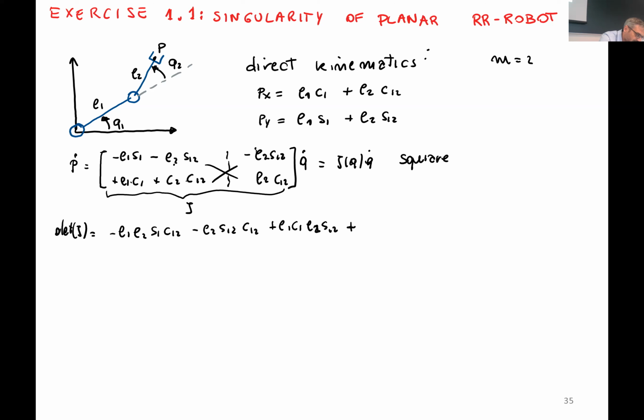Now we have a plus again of this and this, C2, C1, 2, L2, S1, 2. Oh, sorry, here it is. We're missing something, I think I did a mistake.